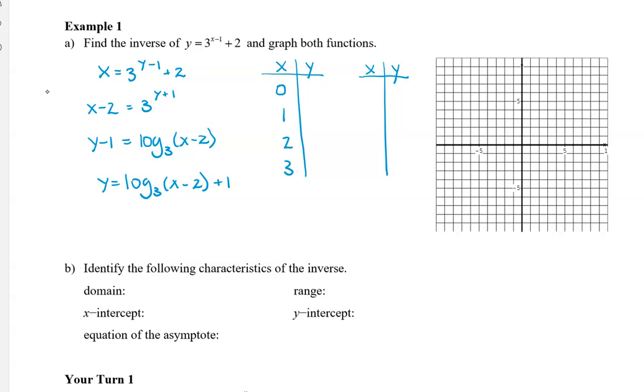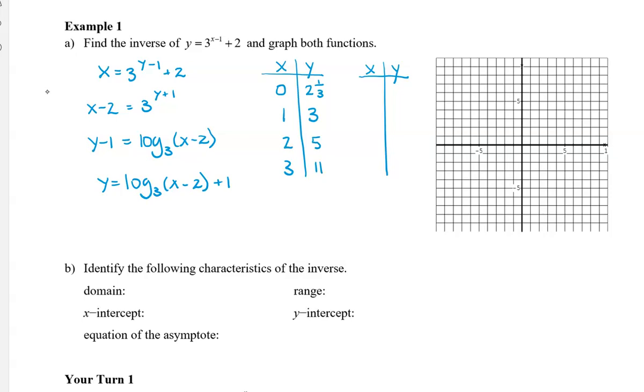When we plug in 1, we get 0, so 3 to the 0 is 1, and then 1 plus 2 is 3. Then we plug in 0, we're going to get negative 1, so 3 to the negative 1 is 1/3, and then 1/3 plus 2 is 2 and 1/3. We continue plugging in the other numbers, and we will get 5 and then 11.